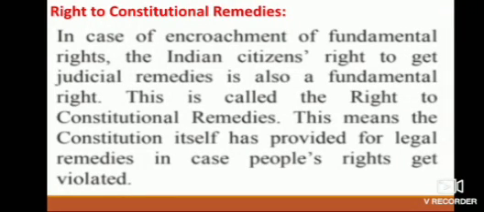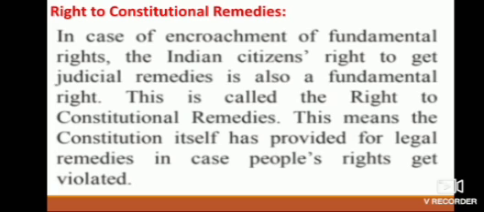Right to constitutional remedies. In case of encroachment of fundamental rights, the Indian citizen's right to get judicial remedies is also a fundamental right. If somebody is not getting the rights which are mentioned in the constitution, then they can go to court.